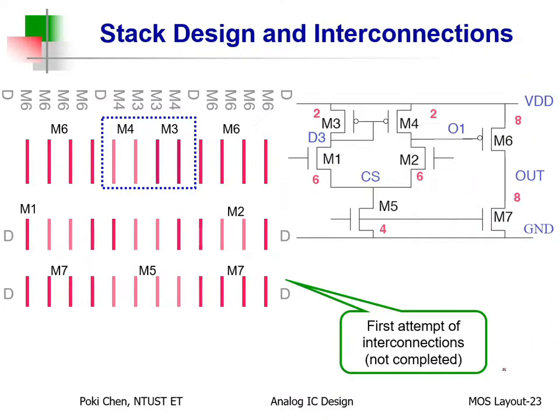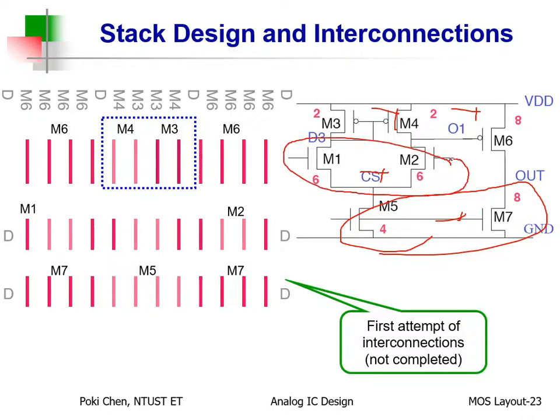Right now, I have only the number of fingers in each stack for you: 4 plus 8, 6 plus 6, and 2, 2, 8. Allow me to show you the most important one, M1 and M2. That is the differential pair.